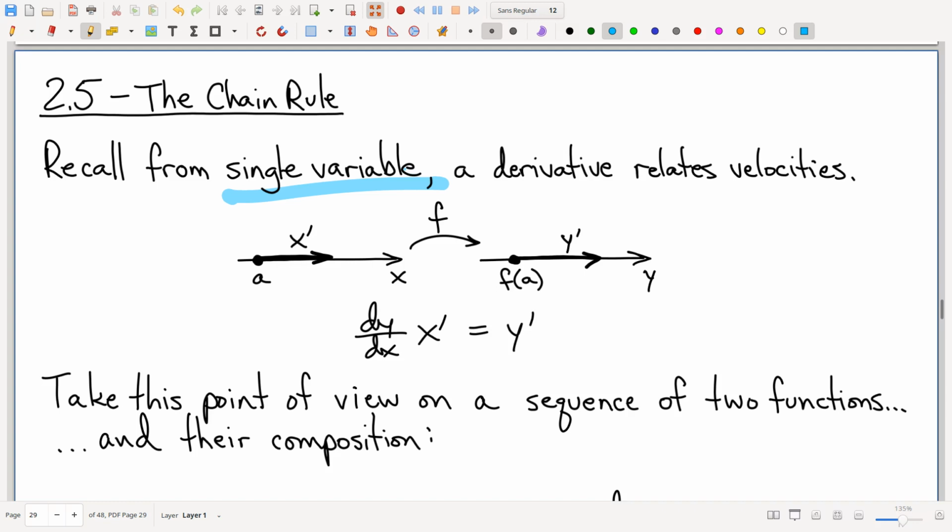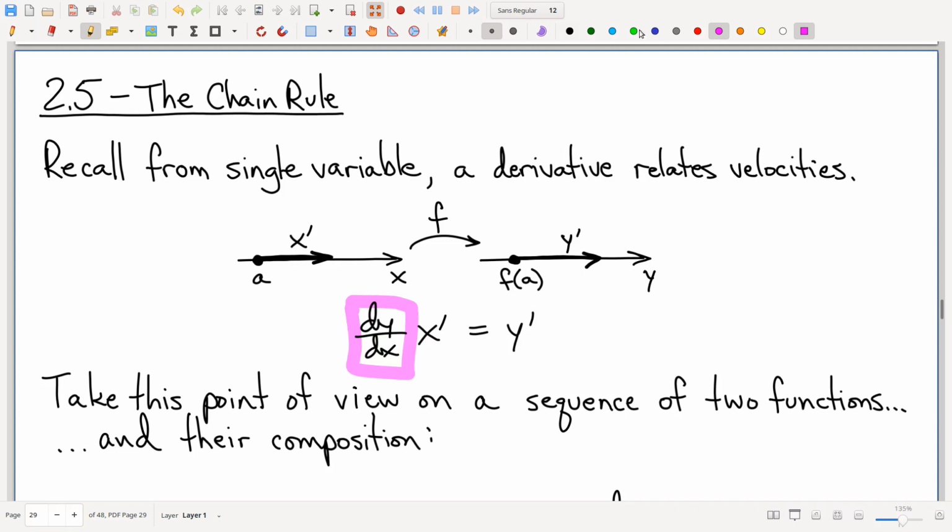So think of this as a segue. This is a setup for stuff that we're going to be doing in a minute. All right, so what is a derivative? A derivative is a lot of different things. Multiple interpretations. Here's the one that we're going to use here. A derivative is a factor.